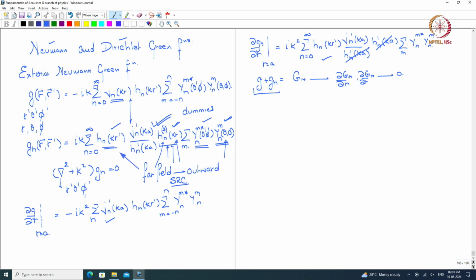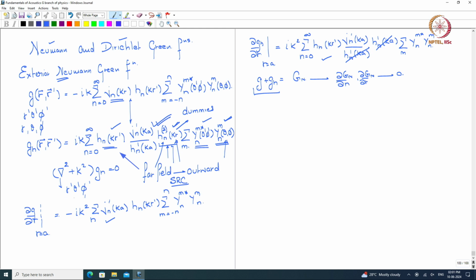It's an exterior Dirichlet, Neumann Green function, so exterior to a surface in the long distance. This is an outgoing wave, so it satisfies the Sommerfeld radiation condition. So that's the idea, and this idea went through all the Green functions, interior or exterior.